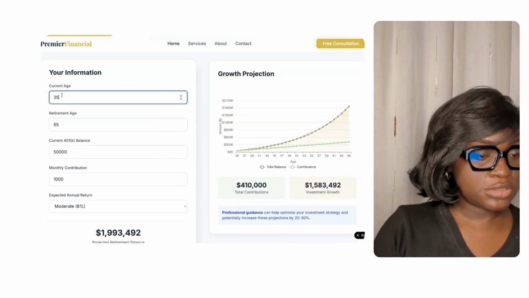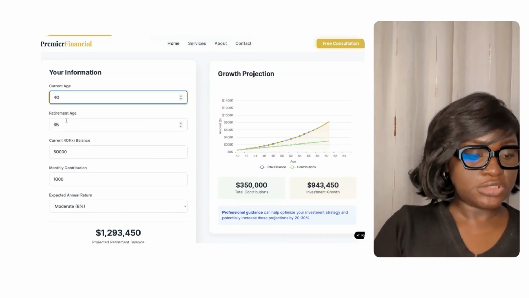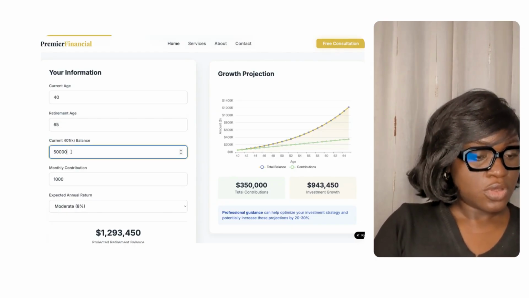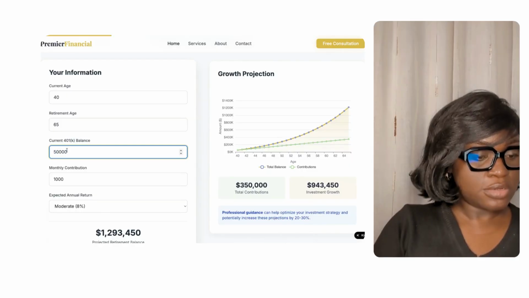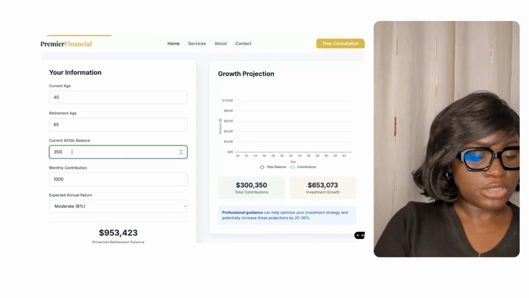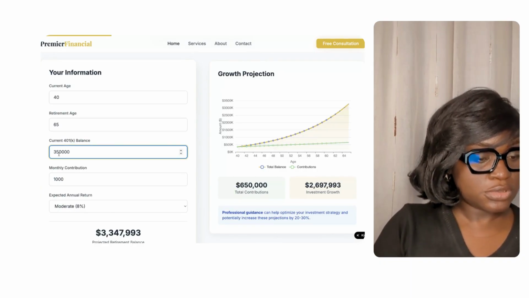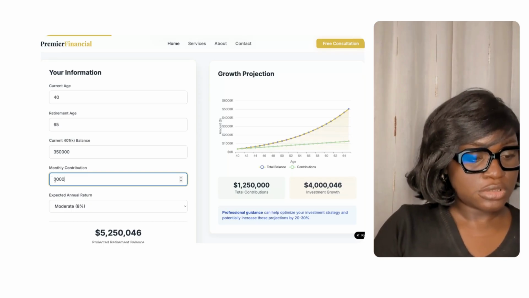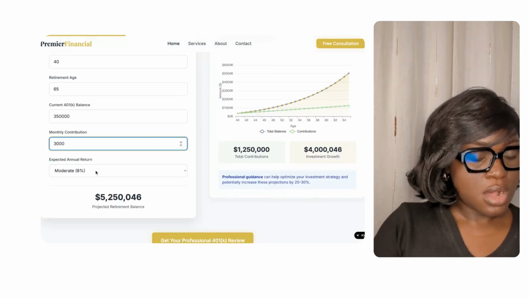Let's input some things. Current age 40, retirement age 65 is good. Current balance, let's make it 500,000. Okay, better yet, let's make it 350,000.